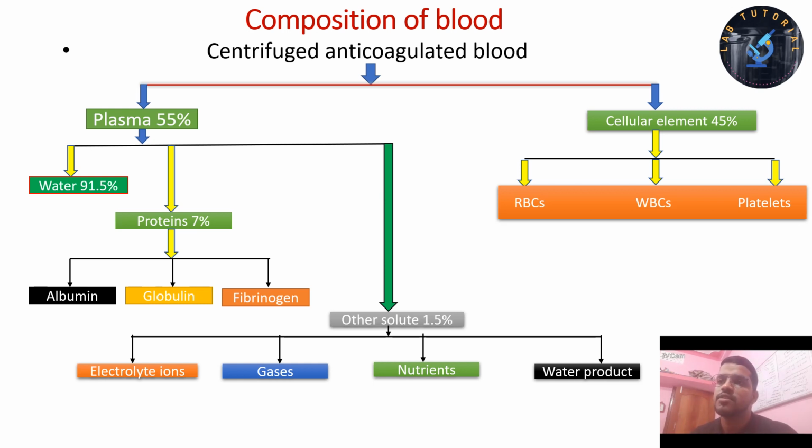Similarly, the gases include oxygen, carbon dioxide, nitrogen, and the nutrients include vitamins and other substances. Waste products include urea, ammonia. These are the essential substances which are mainly present in our blood. So this is overall the composition of blood which we get if we centrifuge anticoagulated blood.